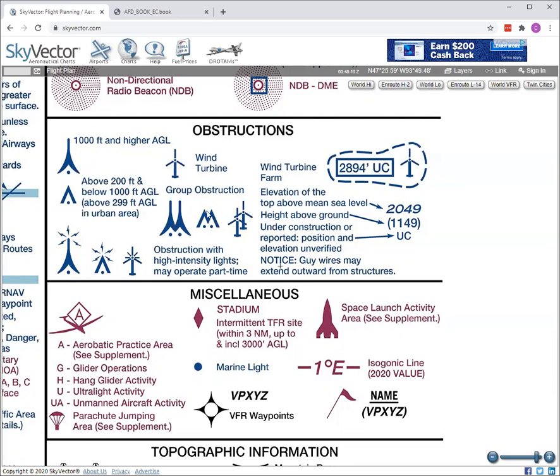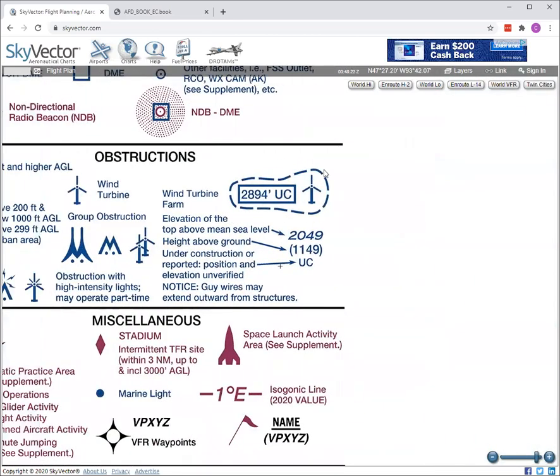And if they're lit anytime during the day, they'll have these little lightning bolts or little lines coming out of it. Also wind turbine farms, you'll see a line around it. You'll see a bunch of little turbines in there, and they give you the elevation.